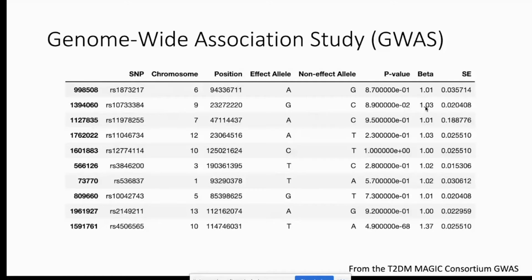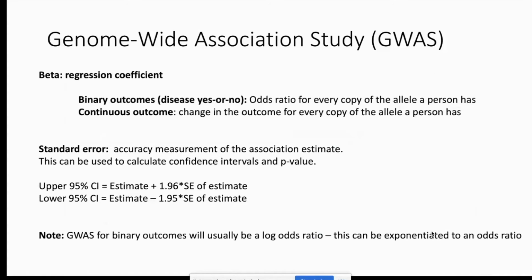So it describes the odds ratio of type 2 diabetes given that genetic variant. There are a couple more slides about genome-wide association studies, and then we're going to have a quick break after that because I appreciate this is quite a lot of information.